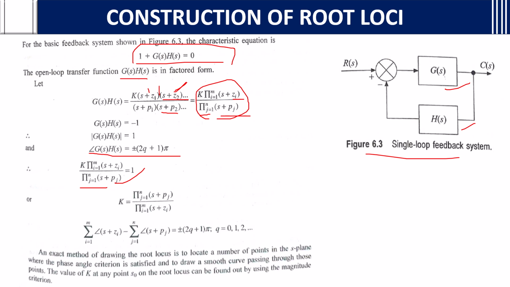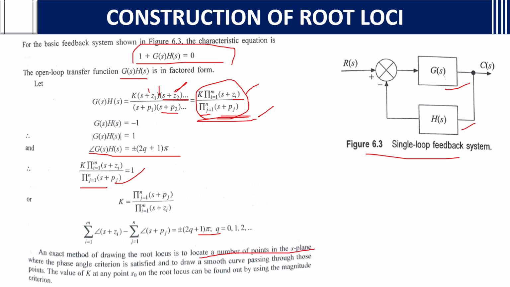Then summation for i equals 1 to m of angle (s plus zi) minus summation for j equals 1 to n of angle (s plus pj) equals the angle of G(s)H(s). As the angle of numerator by denominator, we subtract them, so minus this and this, and the summation gives plus or minus (2q plus 1) into pi, where q equals 0, 1, 2. Understood?